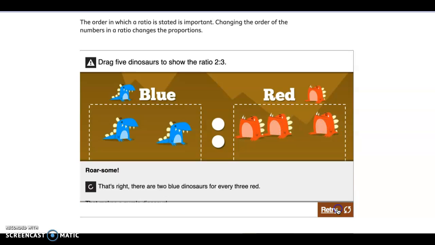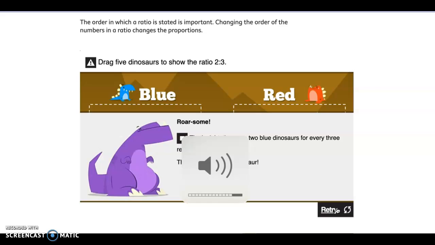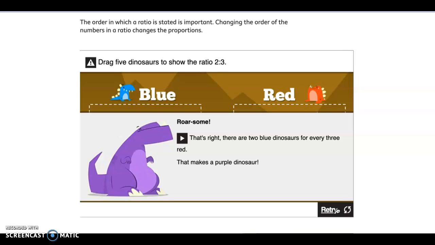Right? And now let's check it. Awesome! That's right. There are 2 blue dinosaurs for every 3 red. That makes a purple dinosaur. Right, so they've taken it even one step further and said, if we mix blue and red, it makes purple, which is not really terribly relevant to what we're doing, but away we go.